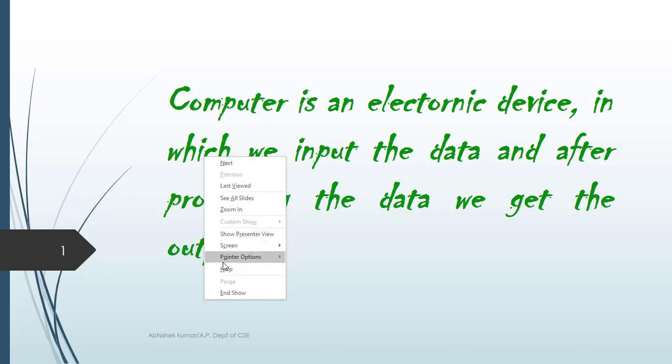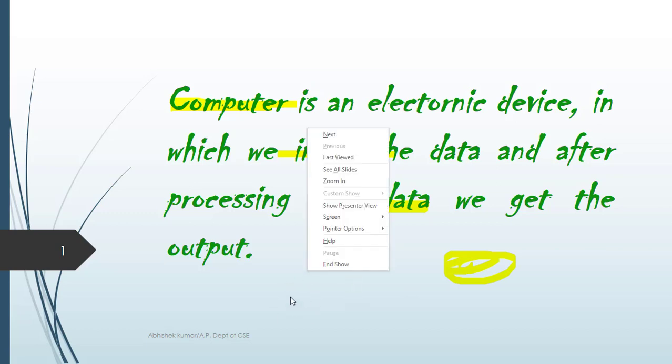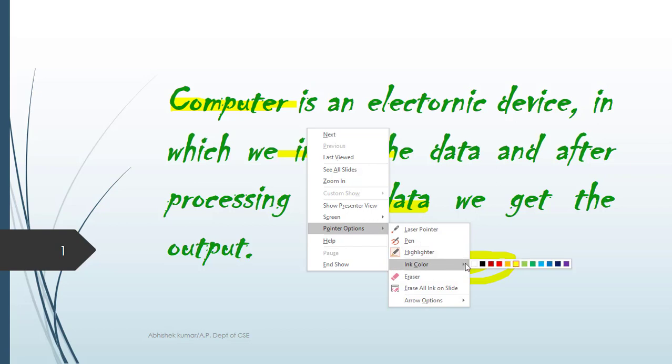I right click and I choose the highlighter. What a highlighter does, let's see, if you are discussing this slide with the audience, you can use this highlighter to mark the important points, anything. Next is the pen. I just right click on this slide and there is a pointer option, the ink color.